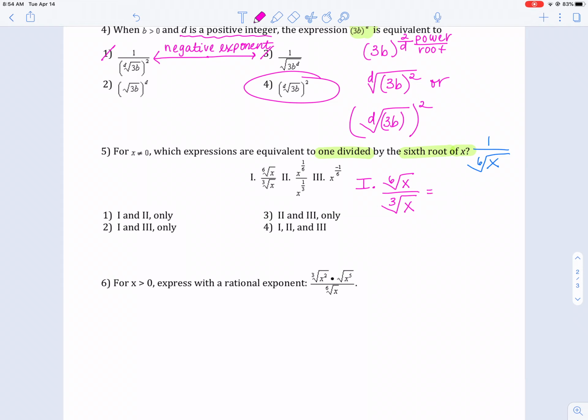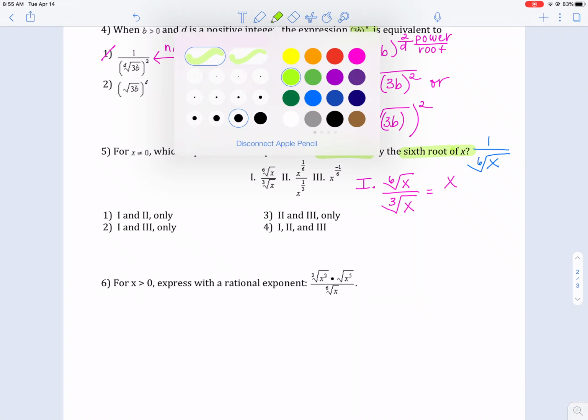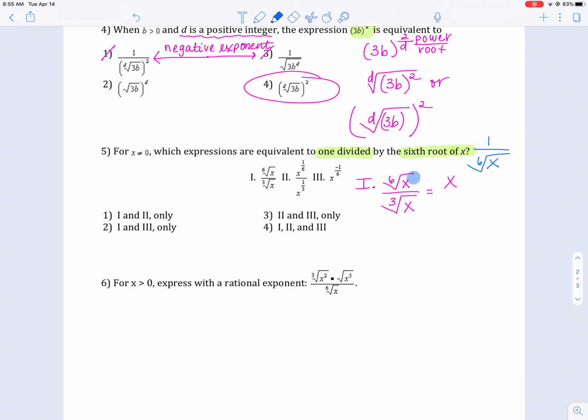In other words, I'm going to take x and raise it to the power over the root. Now this is interesting. What's the power here at x? Do you see anything? No. So what's that exponent if we don't see anything? It's technically a 1. So it's a power of 1 over a root of 6.